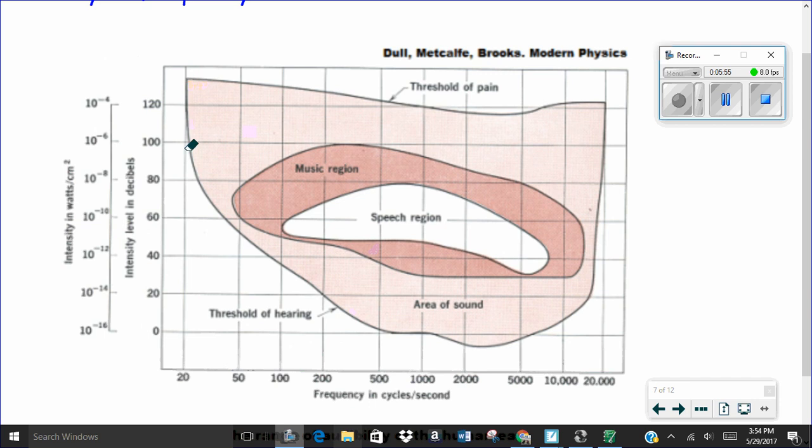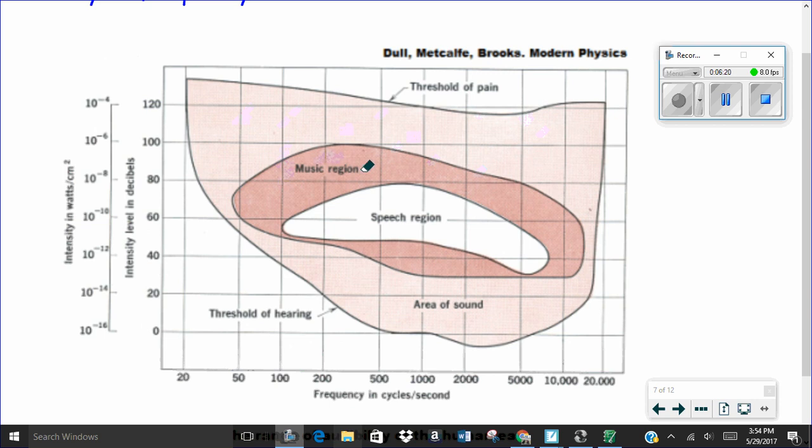And this border right on the bottom here is the threshold of hearing. So for instance, if I have a frequency of 100 hertz and an intensity of, let's say 38 decibels, you can barely hear that sound. Everything in the pink region is stuff that we can hear.